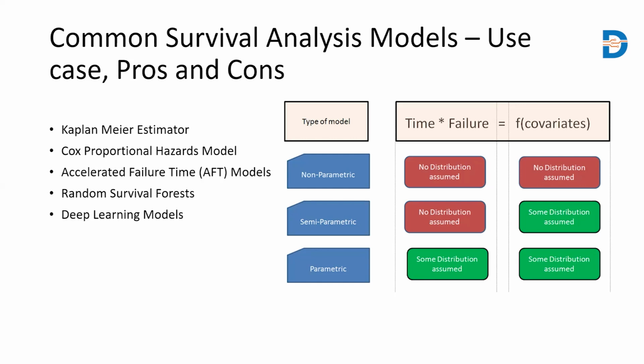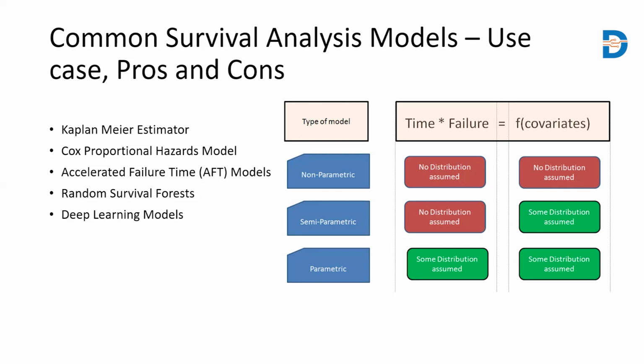Random survival forests are ensemble techniques, and they handle complex interactions and nonlinear relationships. The advantage is that they handle high dimensional data and are very robust to overfitting. The downside is that the model is less interpretable.